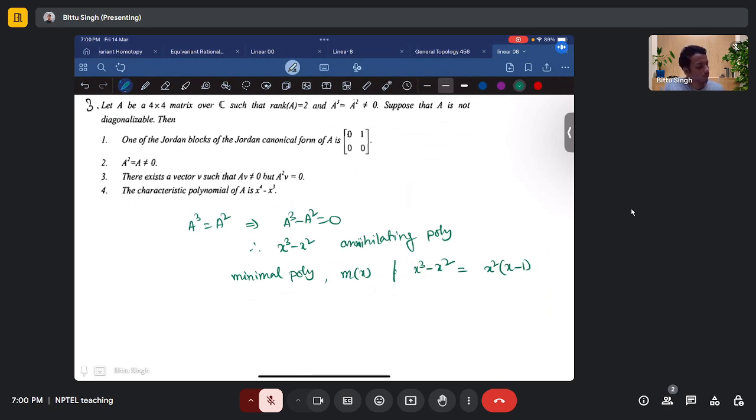So what are the possibilities of minimal polynomials? Minimal polynomial divides this.